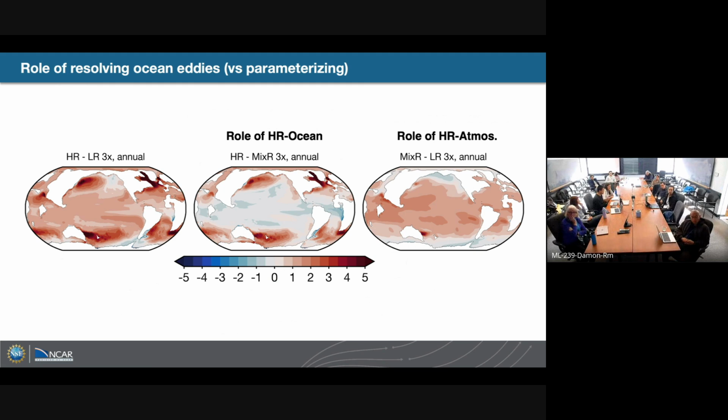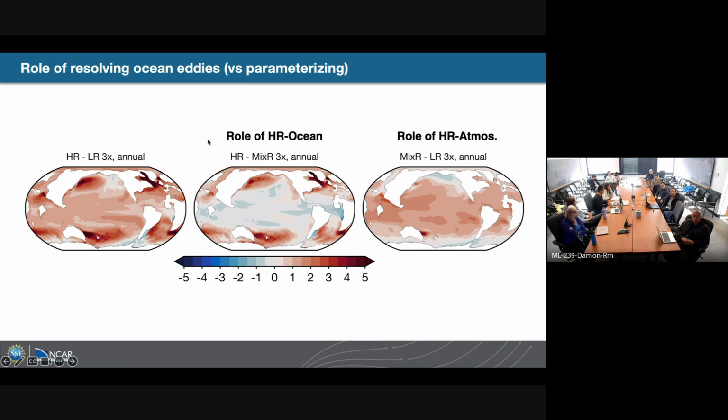And then you may wonder, why do we have enhanced warming in this high resolution set of simulations? So again, the leftmost plot just reproduces the SST warming in the high resolution compared to low res. Then I'm going to use an additional simulation. We call it mixed resolution. In this set of simulations, the atmosphere is still high resolution, but for the ocean we use low resolution.